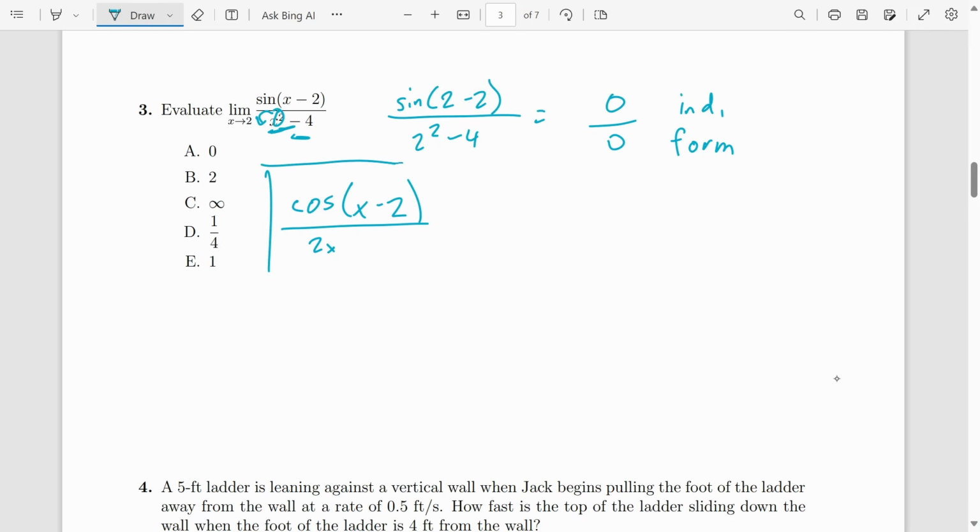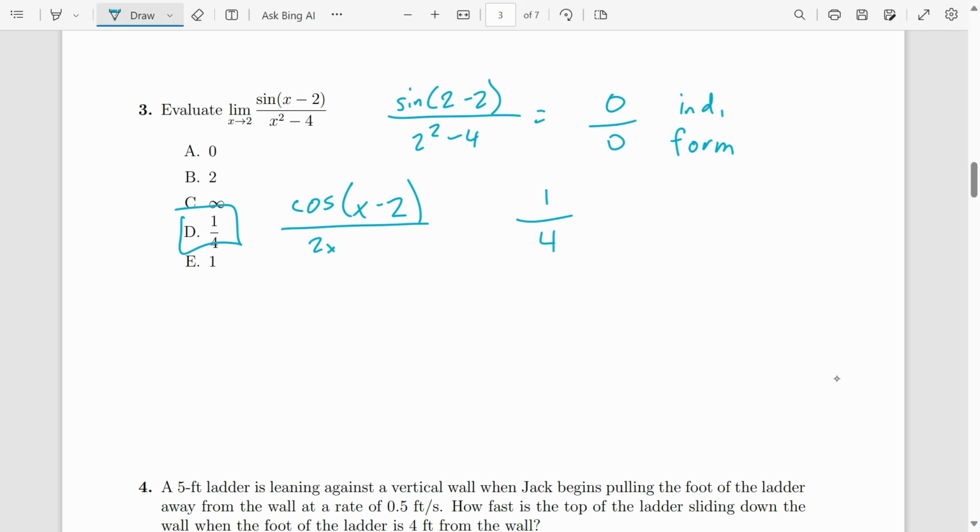So now I've got the derivative of our original fraction, and if we plug in that 2, everything will work out. Cosine of 2 minus 2, so cosine of 0, equals 1, and 2 times 2 is 4. So the limit as x approaches 2 is 1/4.